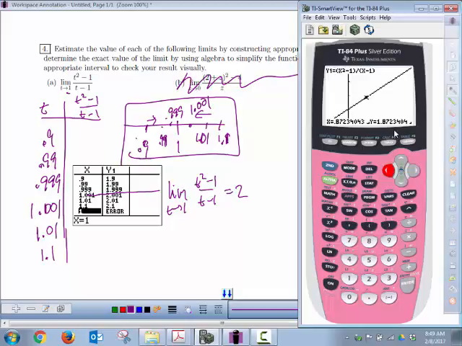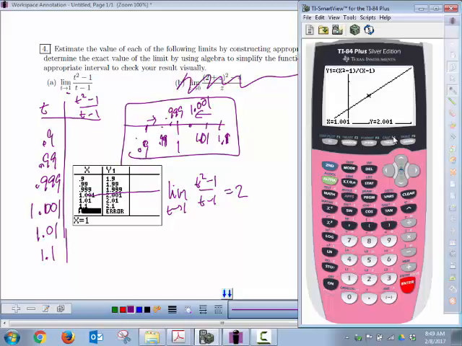And you can actually type in numbers, right? Like 0.9, and then we get a y value that comes out. No, we want 1.001.